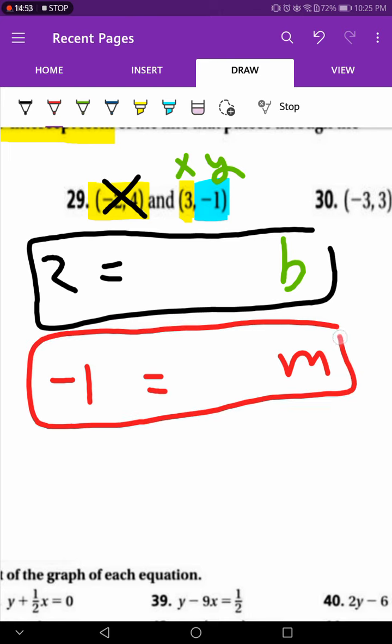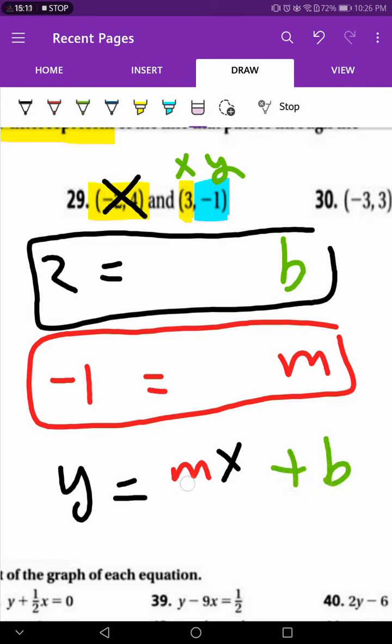Okay, now I can write y equal mx plus b.